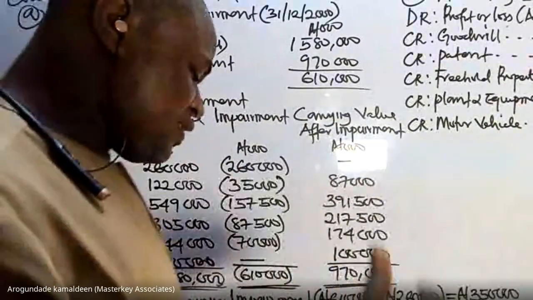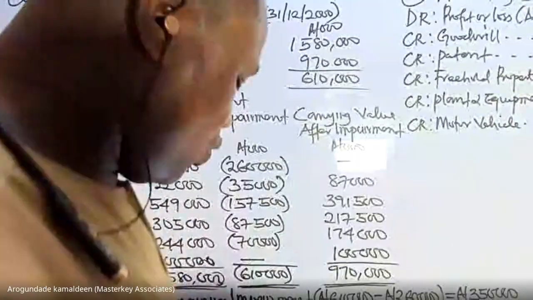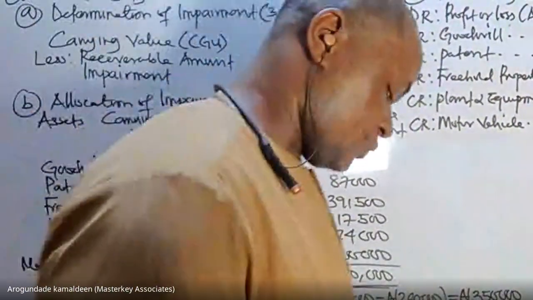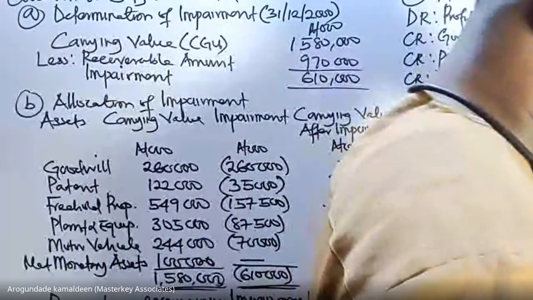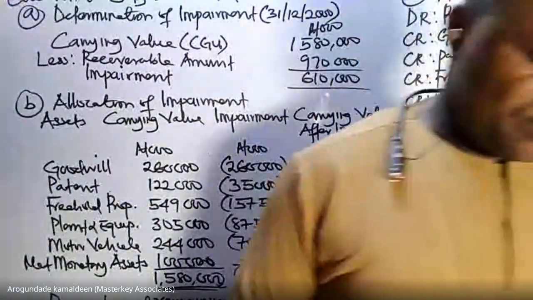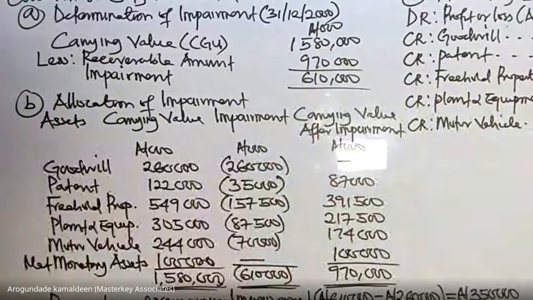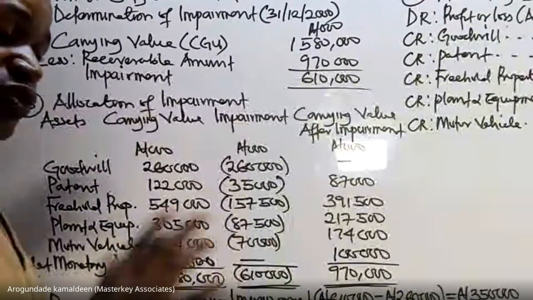The carrying values of the property and rail track and coaches are based on their value in use. The engines are valued at their net selling prices. You can see that from the story up there.